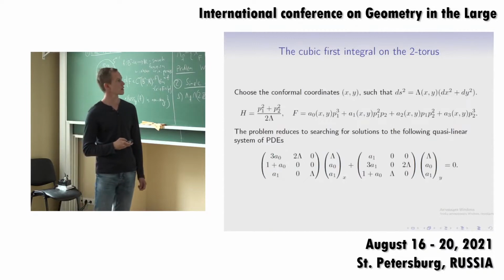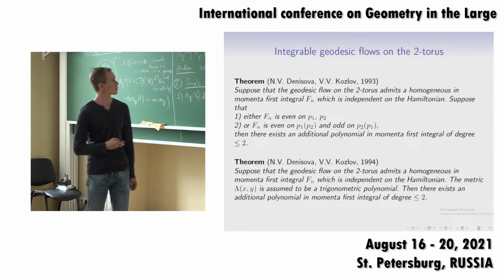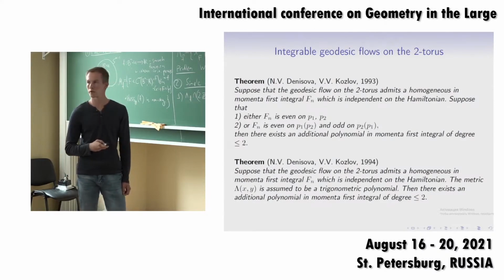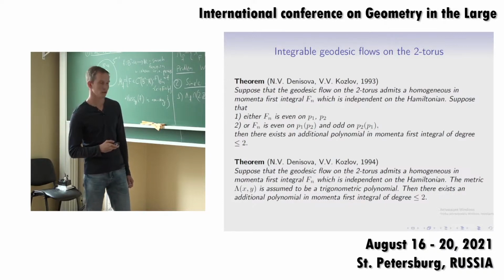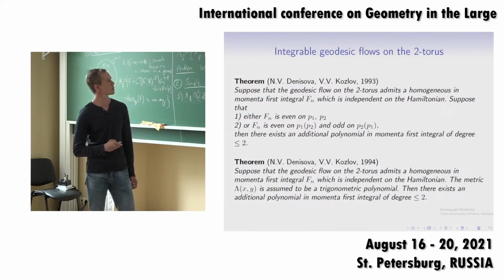There are many results in this direction which were obtained by Kozlov and Denisova, and that's what I'm going to tell you about at the moment. They managed to prove this conjecture for the two-torus only under certain additional assumptions, either on the metric, as in the second theorem, where the metric is assumed to be a trigonometric polynomial, or on the first integral.